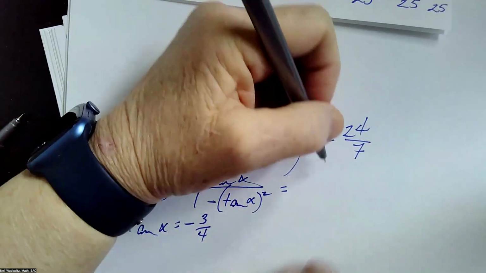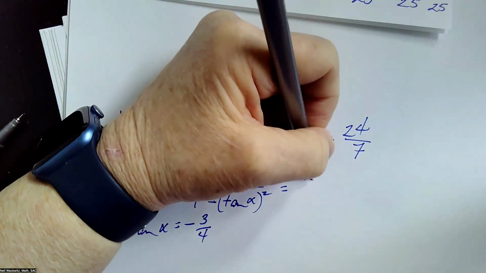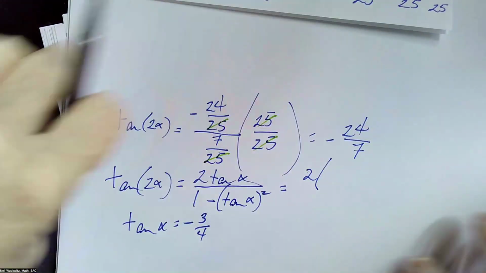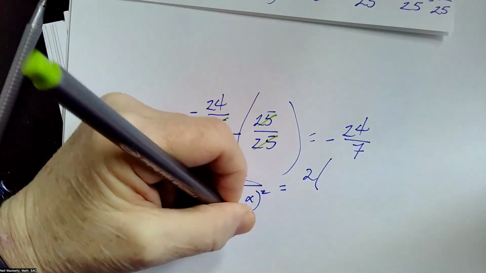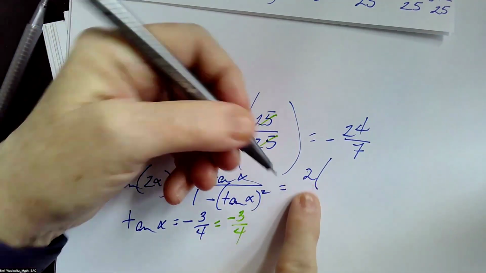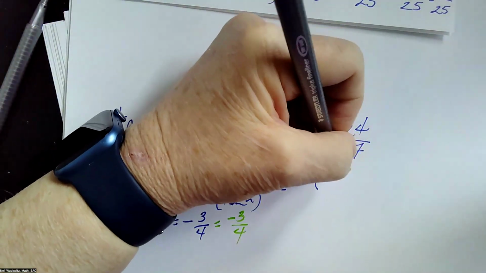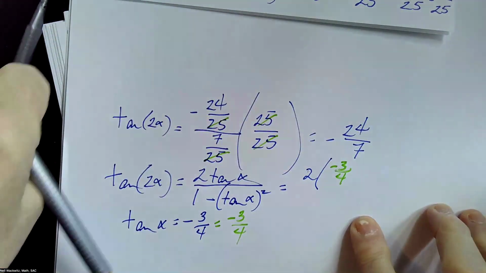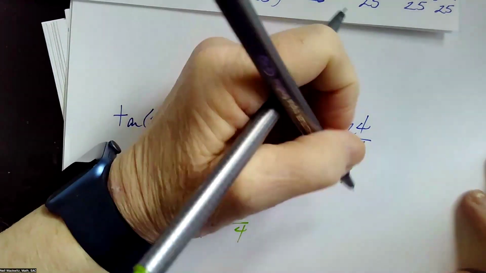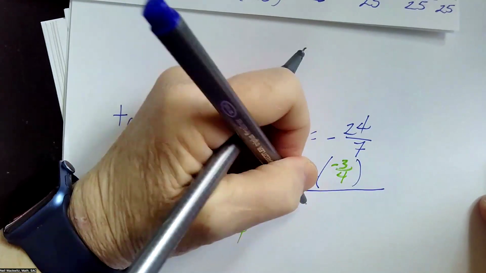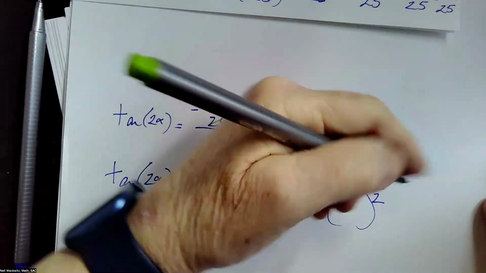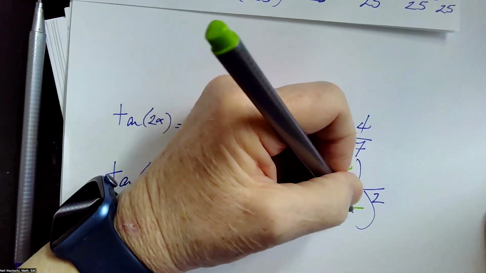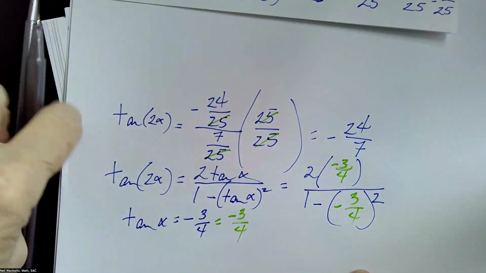Okay, so let's see, we've got 2 times negative 3/4 divided by 1 minus negative 3/4 all squared.